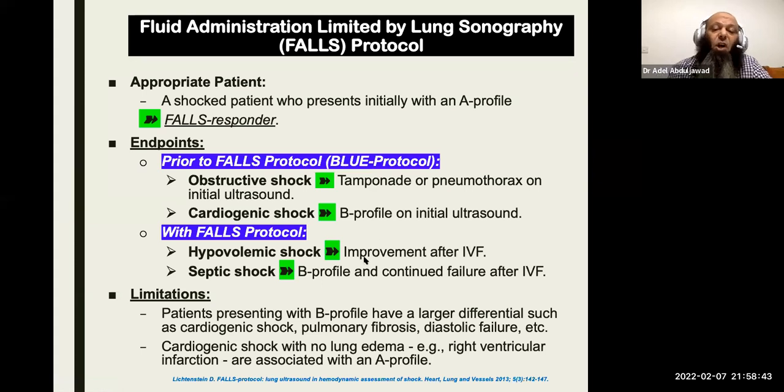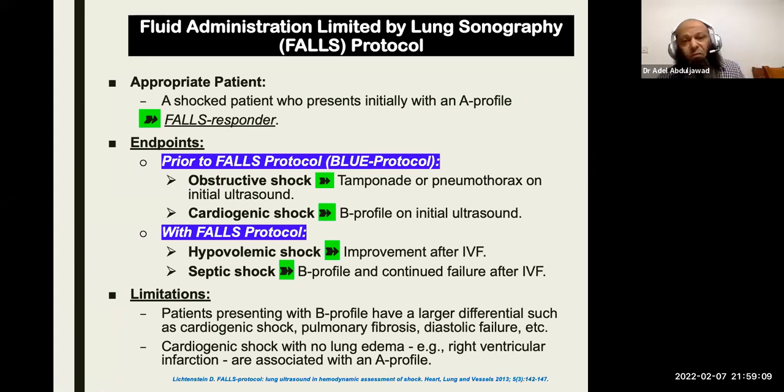For septic shock, you may have a B profile and evidence of pulmonary congestion after IV fluids. So here you can identify two before and two with. But remember, each protocol is not ideal, and has advantages and disadvantages or limitations.